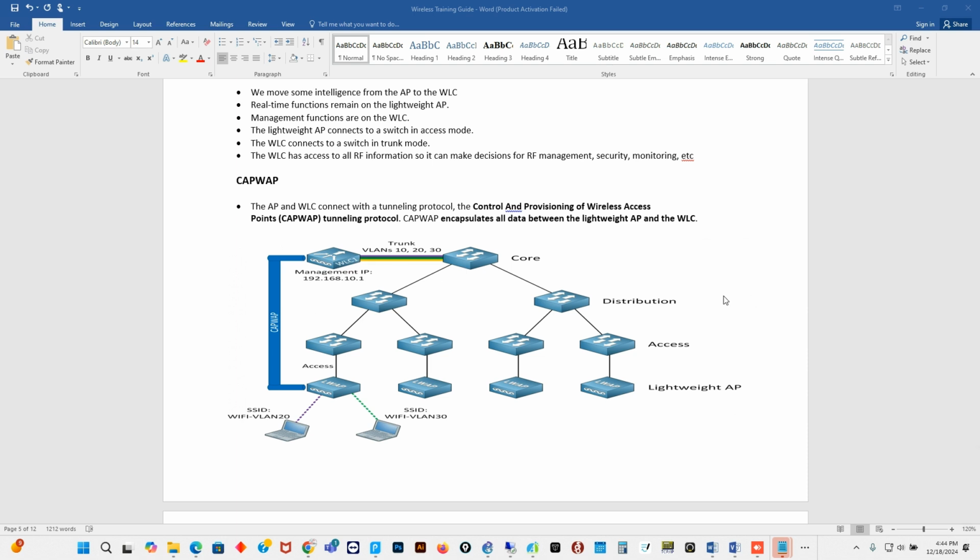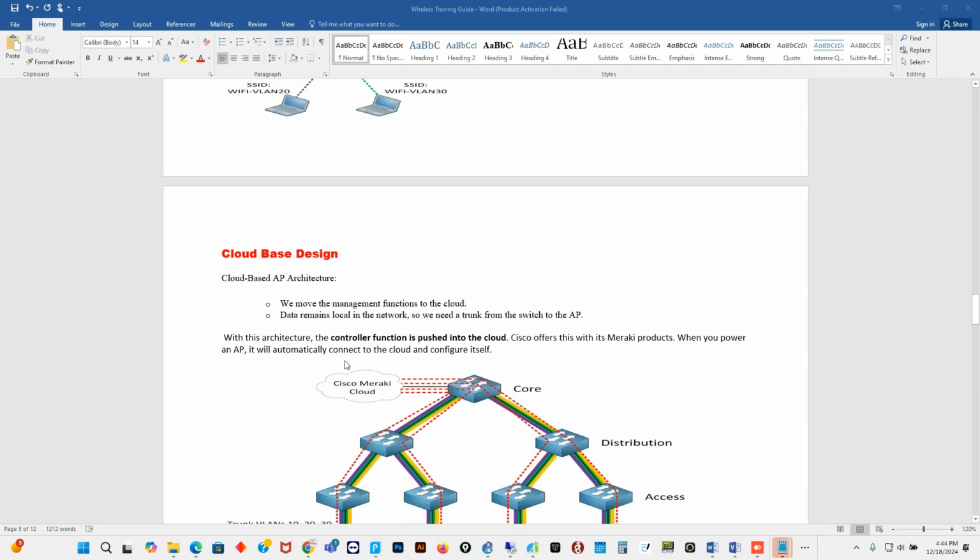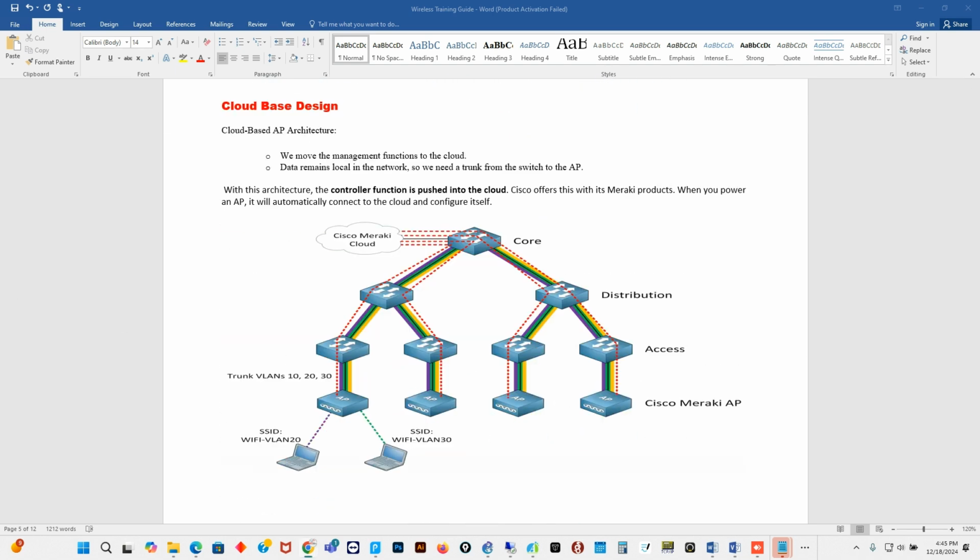For redundancy purposes, you might have two, three, or four. There are companies where they have wireless controllers meant for remote offices, another one for the data center or the corporate network, and then they will have, let's say, redundancy for all those devices in case of hardware failure. But let's go to the cloud-based design.